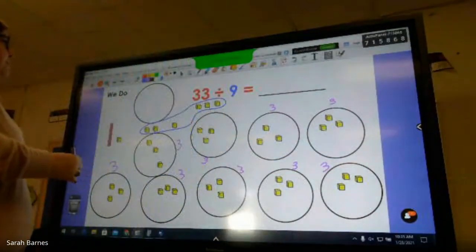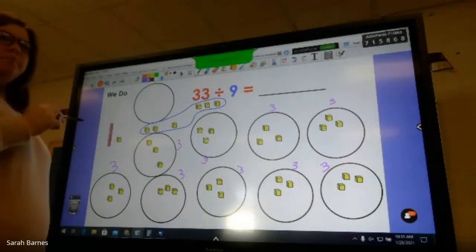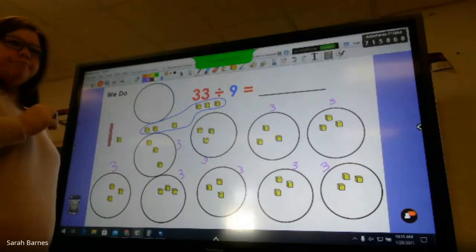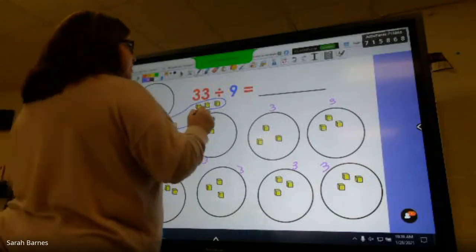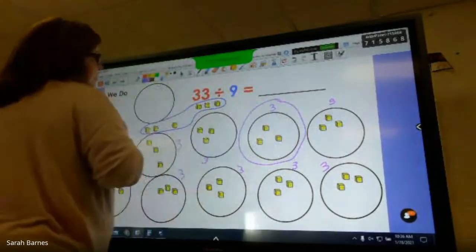Now, does it matter which circle I choose? Why not? Because they are all what? Even. The same. Yes, absolutely. They are all the same and they are all even.